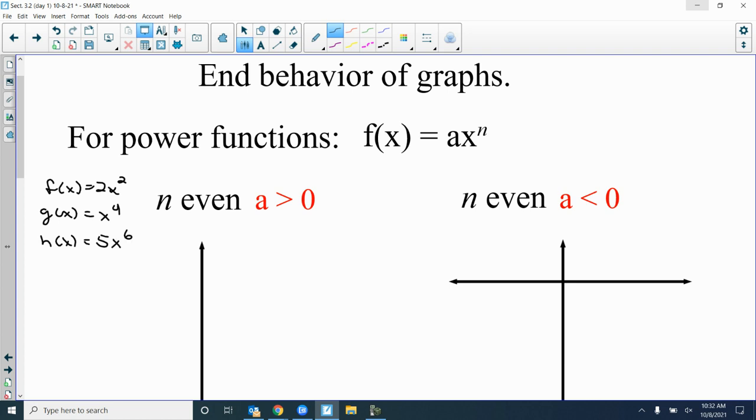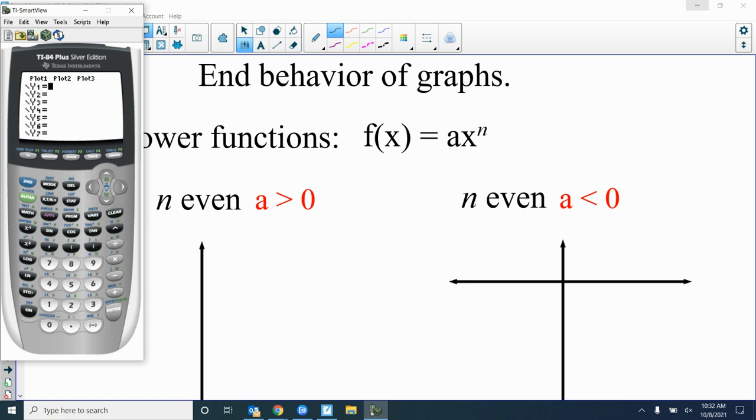It doesn't matter. They're all going to have the basic shape. What are they going to look like? Okay, and if you don't know, let's plug in. What does x to the 4th look like? So if I go y equals x to the 4th, okay, that's what it looks like.